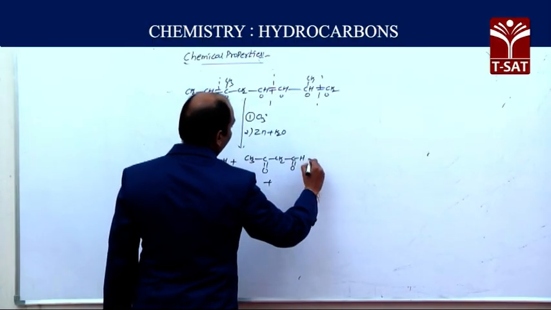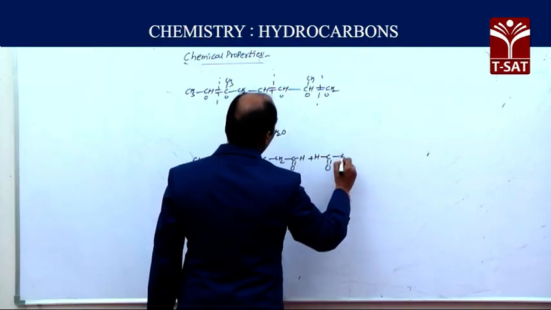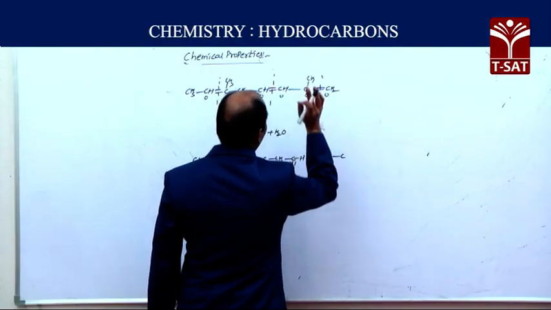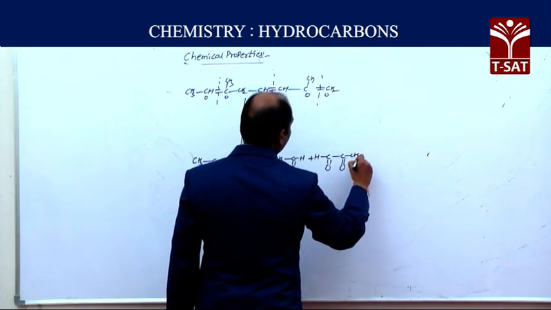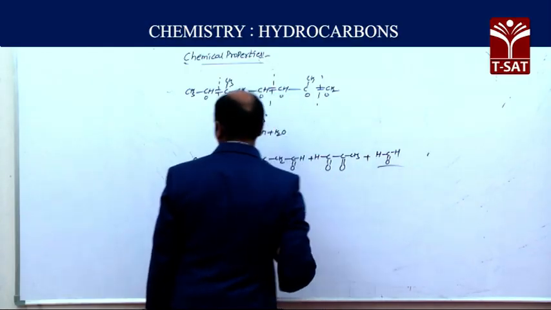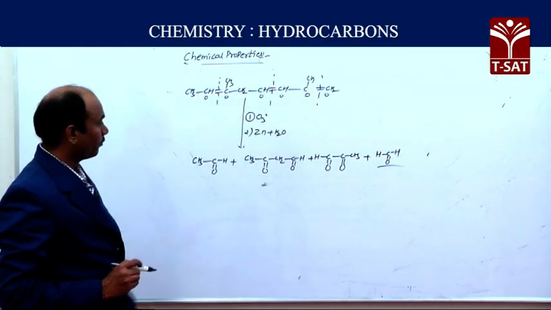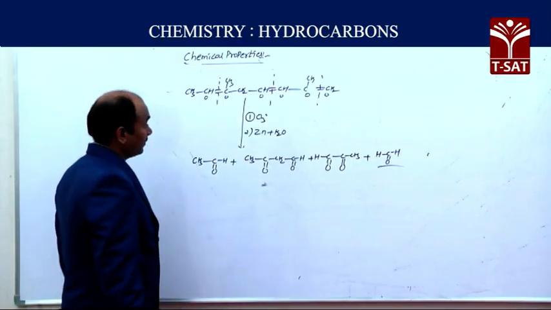From the start, this is HC double bond O, this is C, no hydrogen is present there. So this is C double bond O, this is CH3, plus one more is HC double bond OH. These are the products formed, 1, 2, 3, 4 products are formed in this reaction. So this is an ozonolysis reaction.